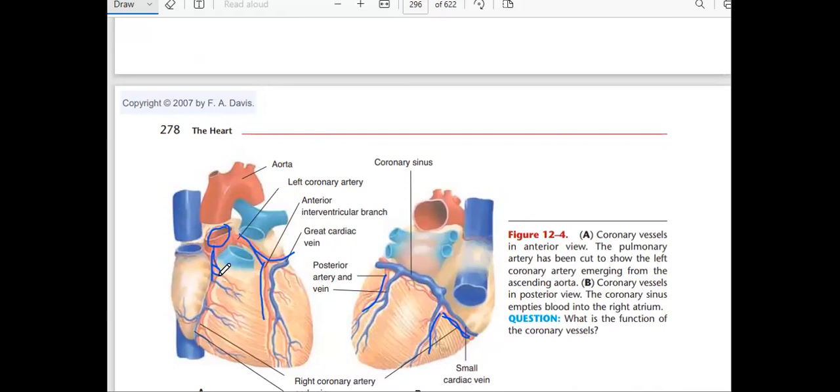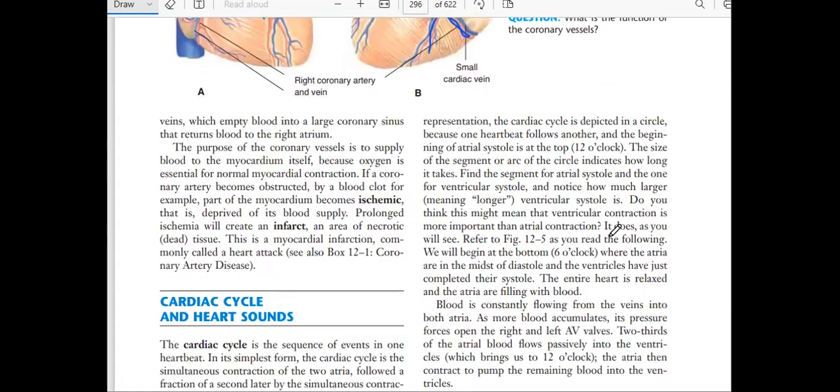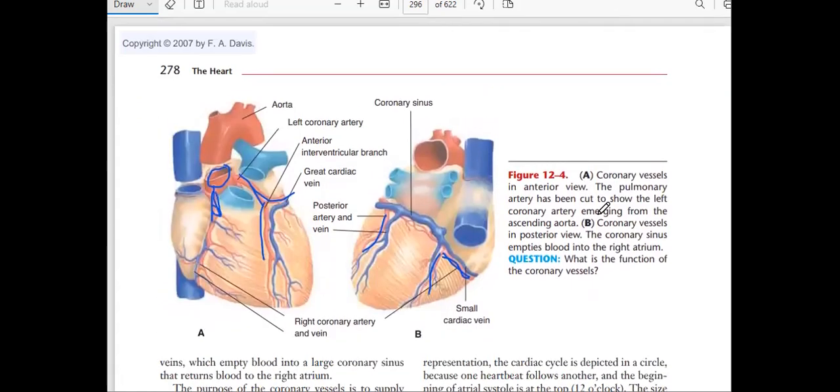Then the heart will not receive the blood, and a heart attack will occur, or chest pain, angina pectoris. That is ischemic heart disease. We will see these conditions in the mechanism of the heart.